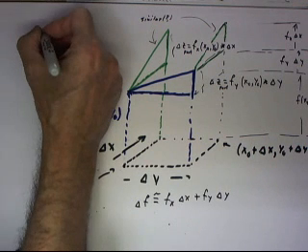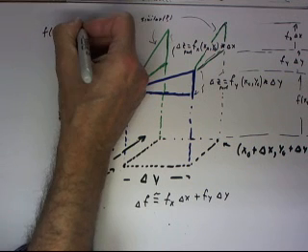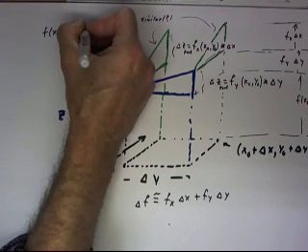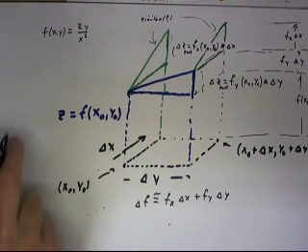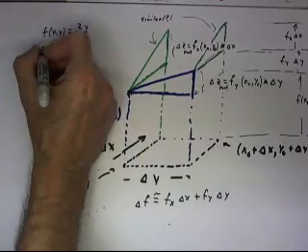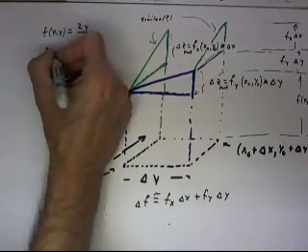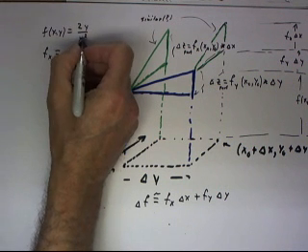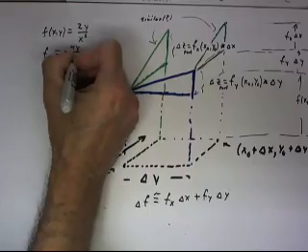Original function was f of x, y equals, let's make sure I've got this right, I'm going to confuse my y and x values if I'm not careful, 2y over x squared, so that fx, the derivative with respect to x, is going to be negative 4y over x cubed.